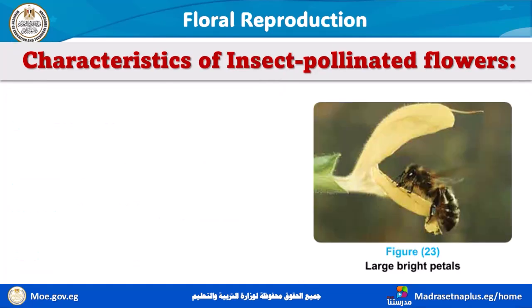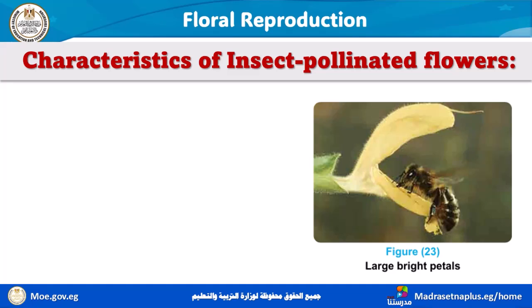Now let's learn about the characteristics of insect-pollinated flowers. In this type of pollination, the flower depends on insects to transfer the pollen grains from the anther to the stigma.